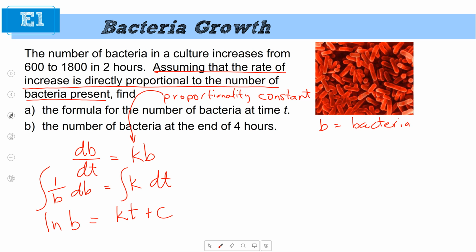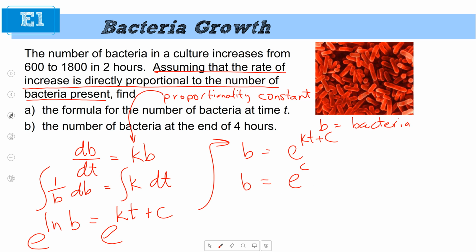We do the e trick. By the way, thank you, Eric, for playing into my plans. We do the e trick. Bring that up here, and we get B is equal to e to the kt plus C. Based on what we just talked about when we were doing the other problems, this can be rewritten as e to the C times e to the kt.